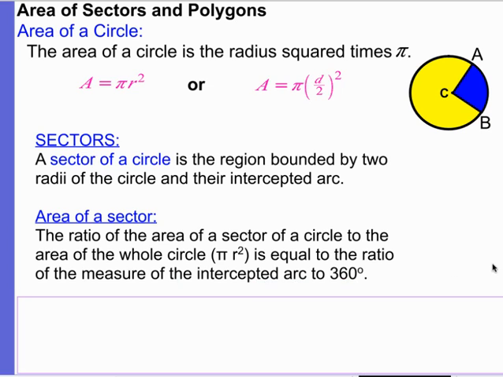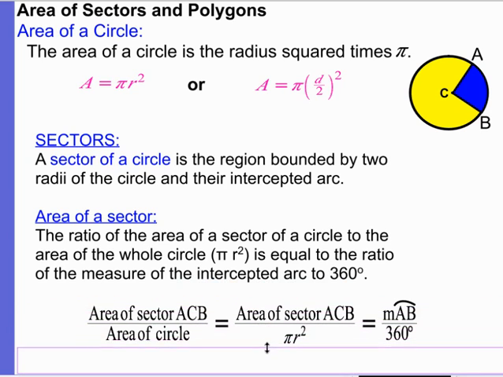So all we're doing is setting up a proportion of the area that's in blue to the entire circle and the measure of this intercepted arc to the entire circle. Okay, and we know that a circle is 360 degrees.